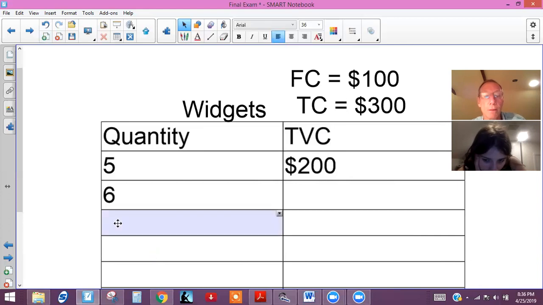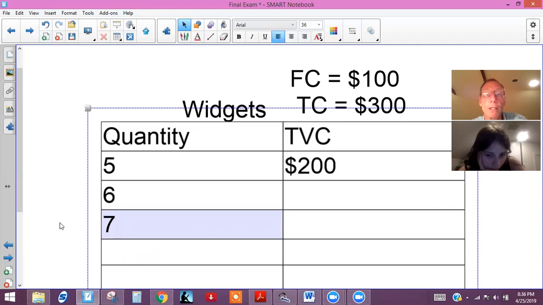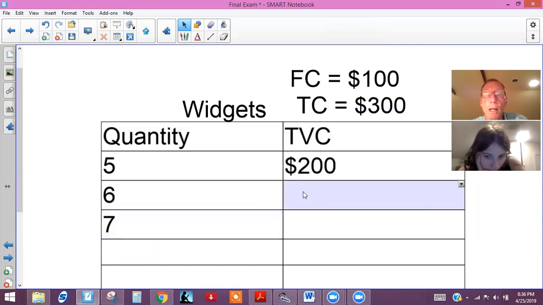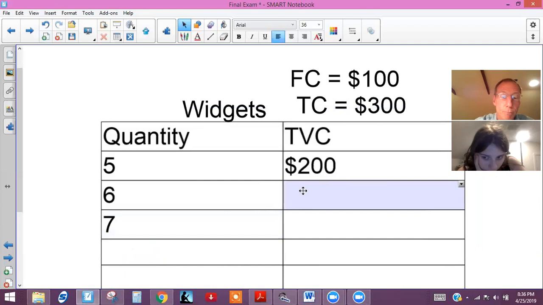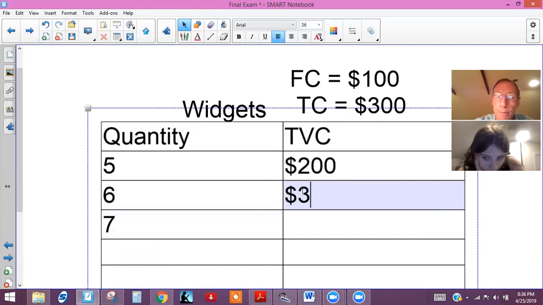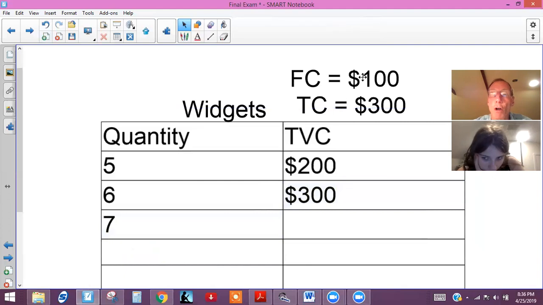Don't get confused with this fixed cost, because marginal cost is just a change.